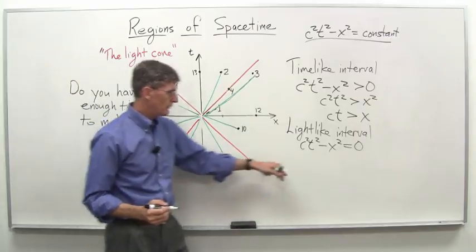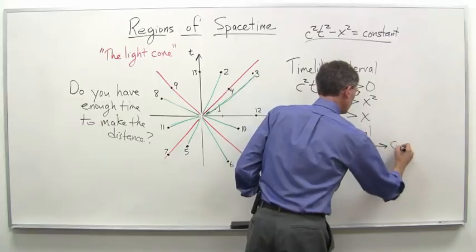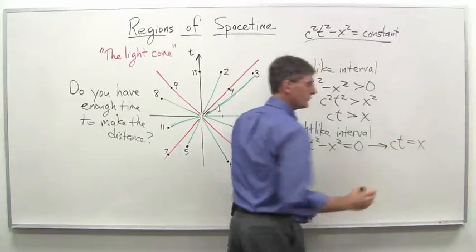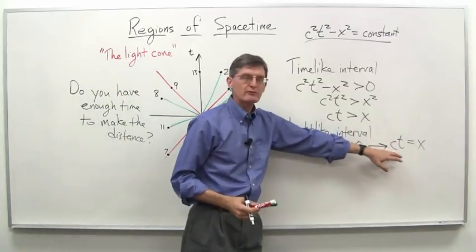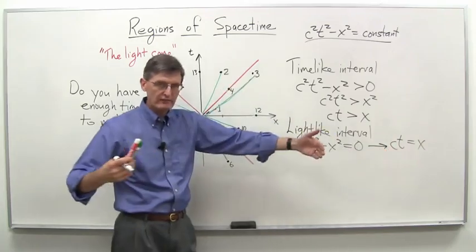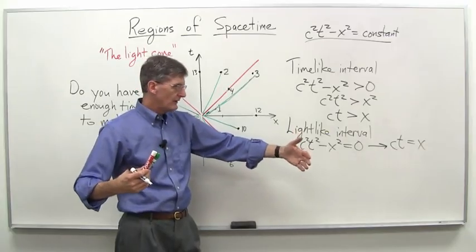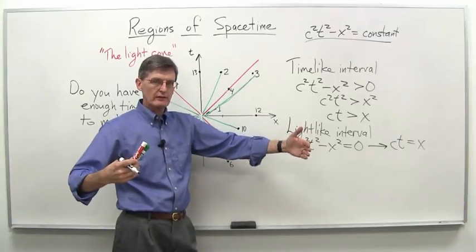Pull the x squared to the other side, take the square root, and from this you get that ct equals x. And as we were just talking about, ct is the maximum distance anything can go in a given time, because this represents the speed of light traveling over a given time. That means the distance x is exactly equal to that maximum amount of distance I can cover.